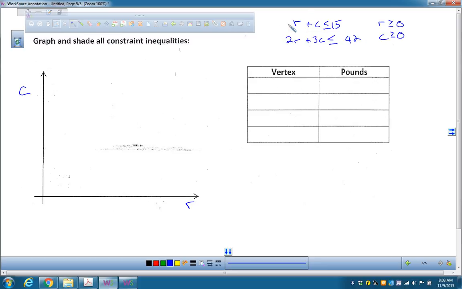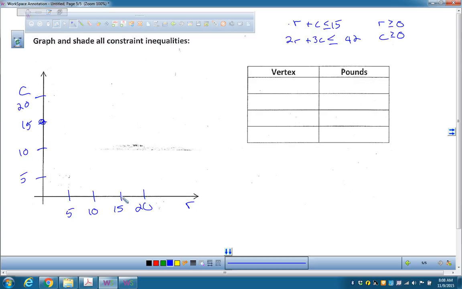So for this one, pretty quick, when R is 0, what's C for the top equation? 15. So I have a point when R is 0, C is 15. Let's count by 5s: 5, 10, 15, 20 on each axis.